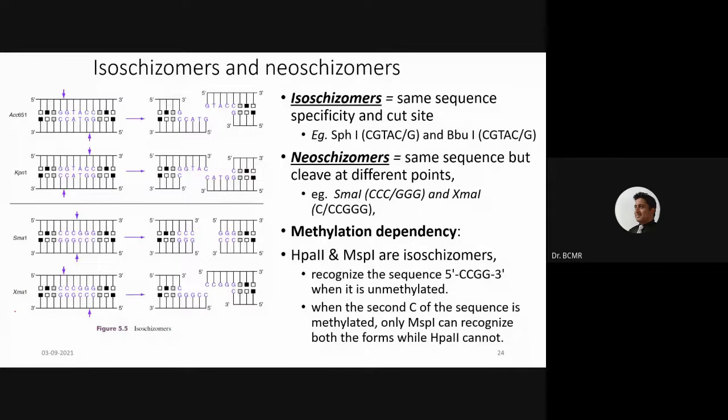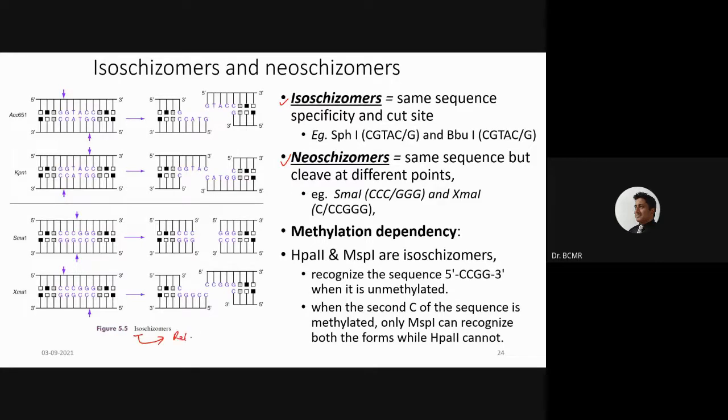We had a little bit of tentativeness in our conclusion about isoschizomers and neoschizomers, and I would want to verify that. Isoschizomers are any enzymes that recognize the same sequence.